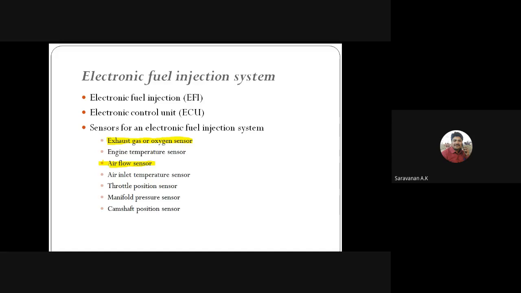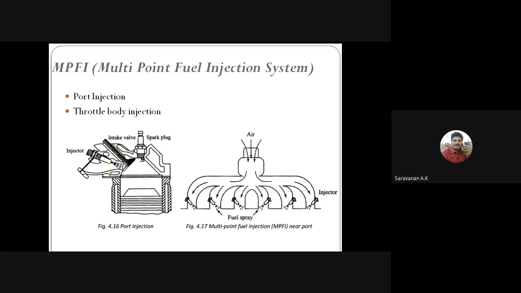That type of sensor is called the knock sensor. So these are the sensors used in the electronic fuel injection system.